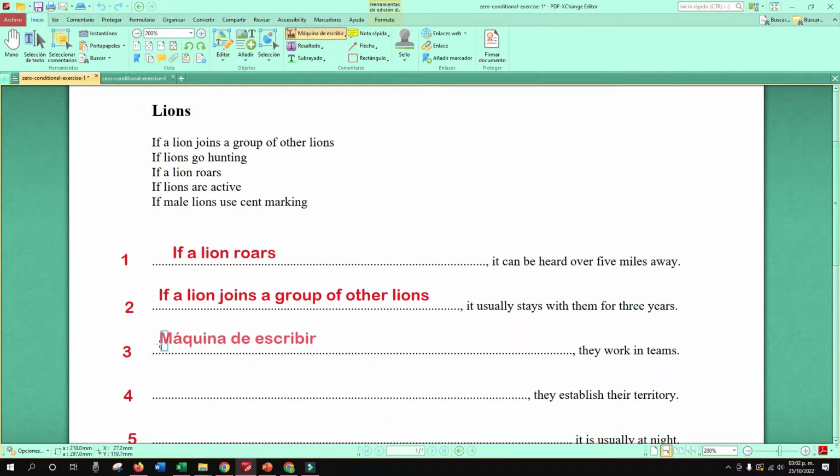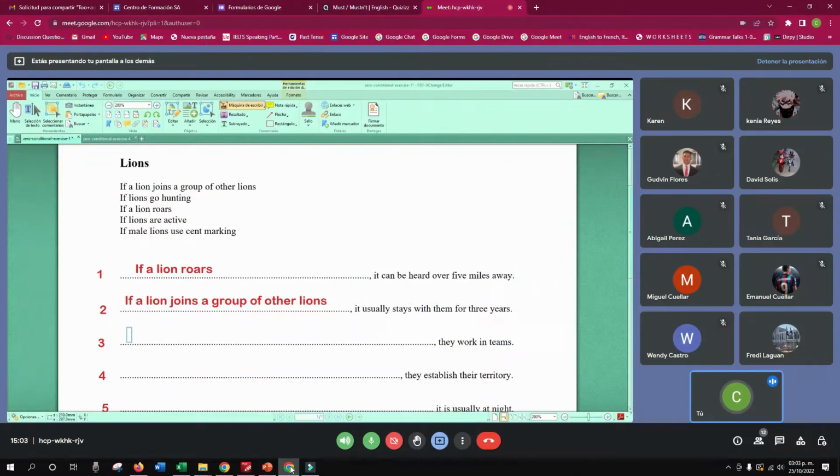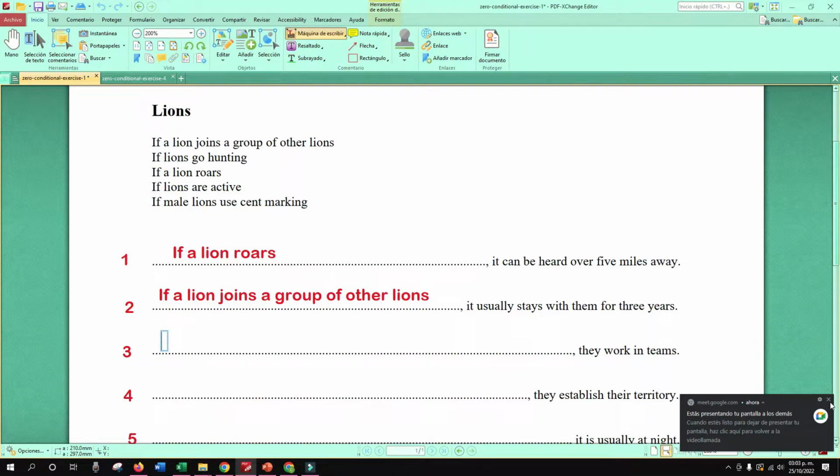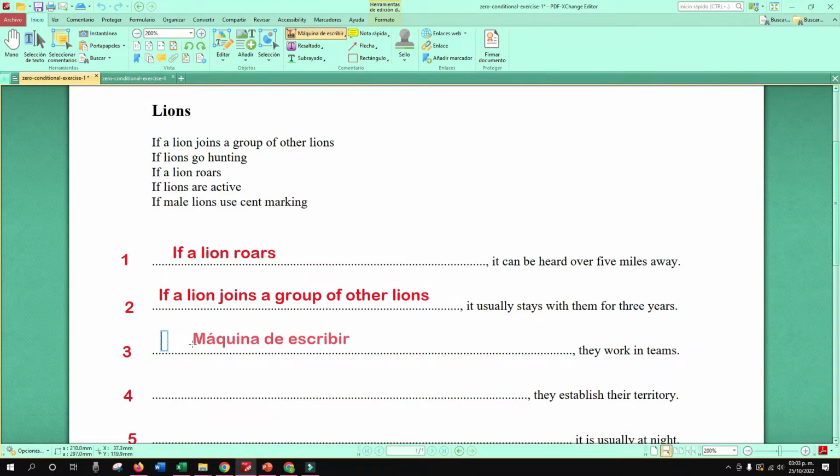Excellent. Thank you, Mr. Goodwin. What about 3? Who wants to try the number 3? Number 4, Mr. David. 3, Mr. Freddy, I guess. Okay, Mr. Freddy? Tell me.